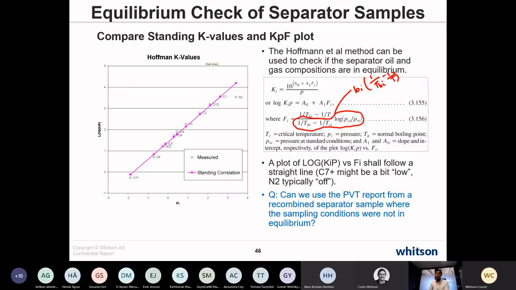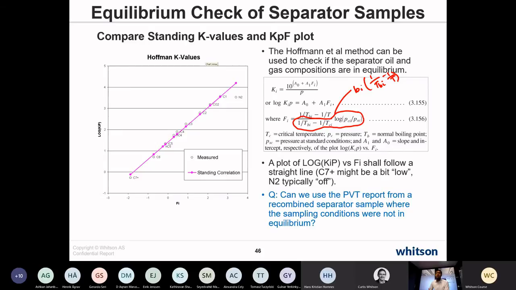The only data that we should not be using in that case for that particular sample is the separator oil and separator gas compositions and the K values that we are getting from those compositions. Because if we take that well stream composition given by the lab and flash it to the separator pressure and temperature reported by the lab, we should not be getting the same K values as reported or measured from those samples, because those K values are equilibrium ratios, right?